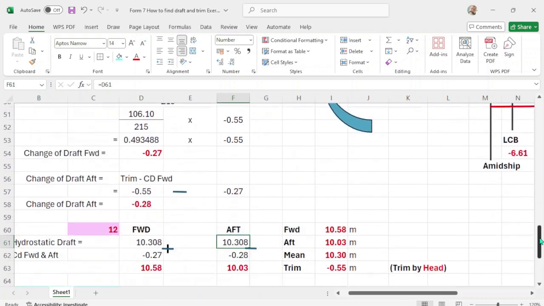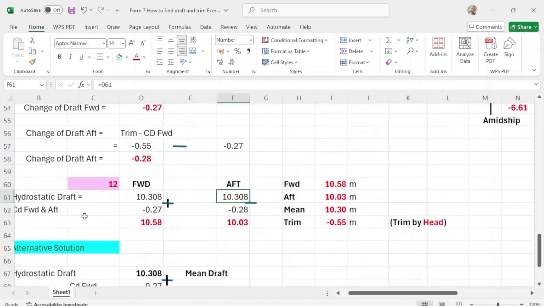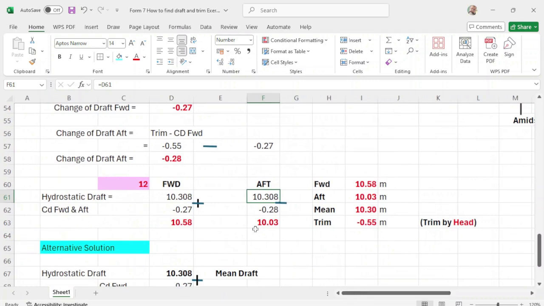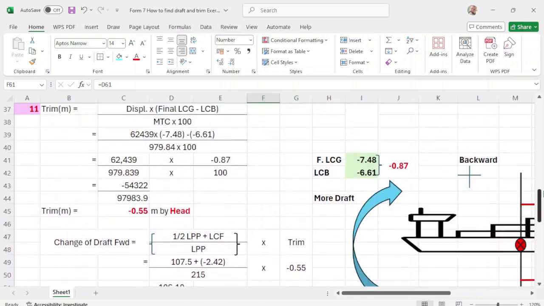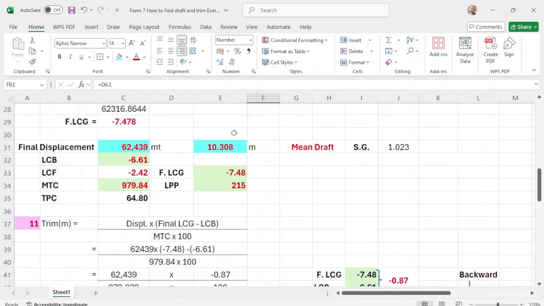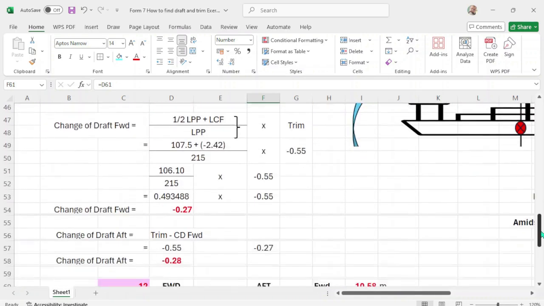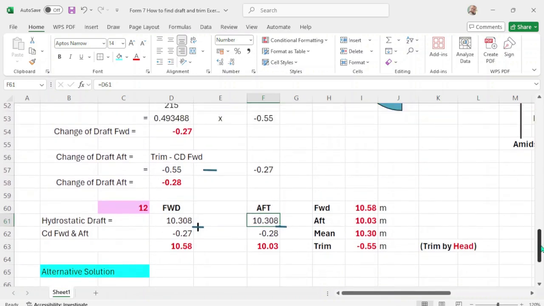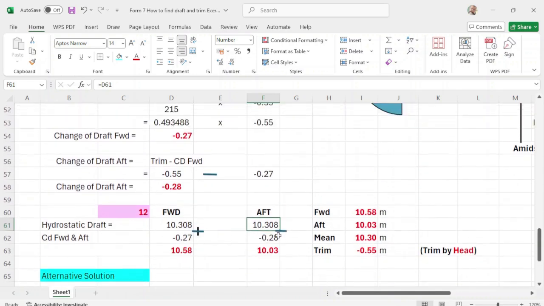So let's continue. You have defined the displacement, then what is the corresponding drop? That will be 10.308, in a density of 1.023, and this will be your hydrostatic drop of 10.308.